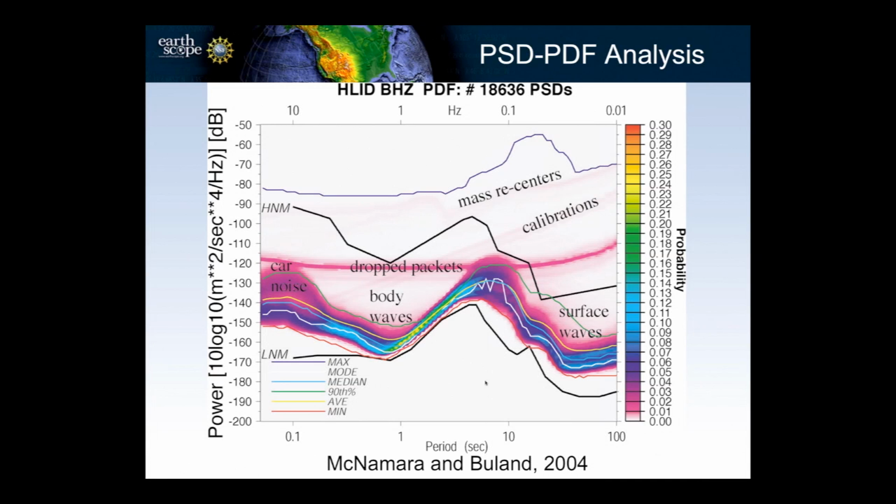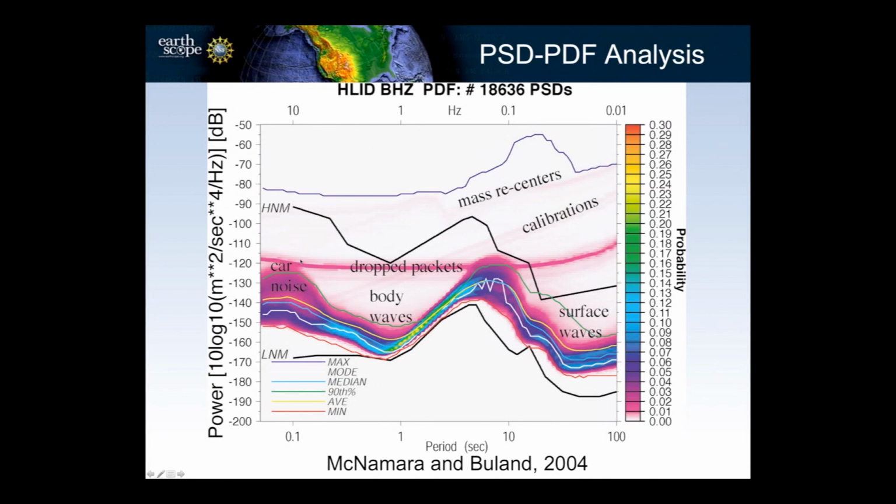At the longer periods, you see where surface wave energy might propagate through. This prominent arch in the middle of the plot is related to, just in general, higher noise levels related to microseismic energy coming from the oceans. And then at shorter periods, you would see what might be cultural noise.